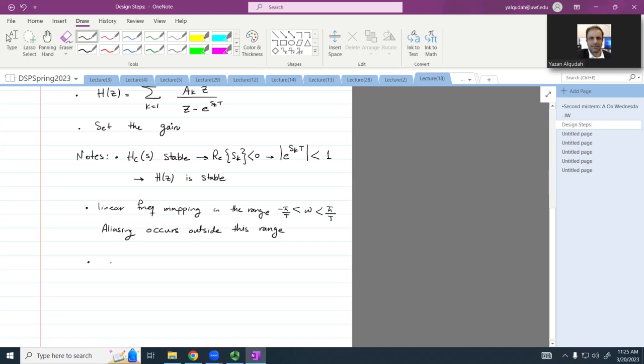Another observation is that the poles are mapped.